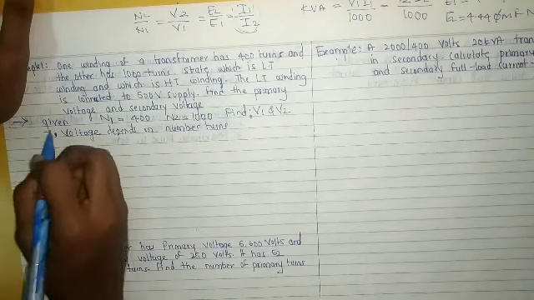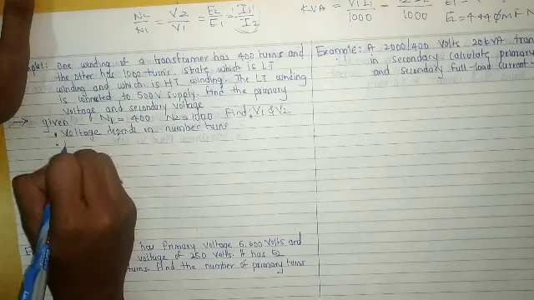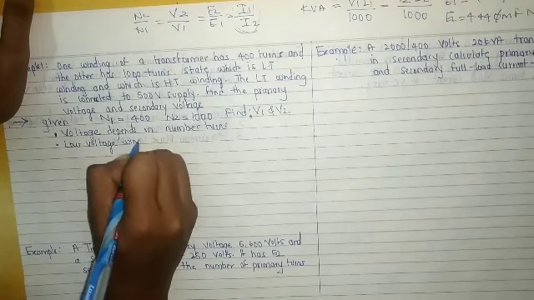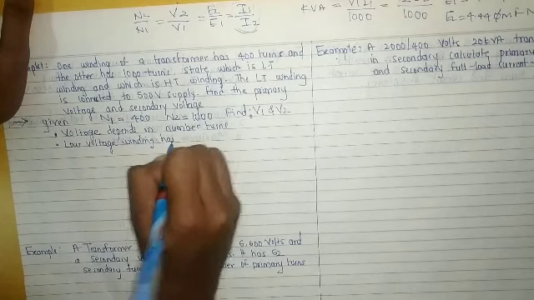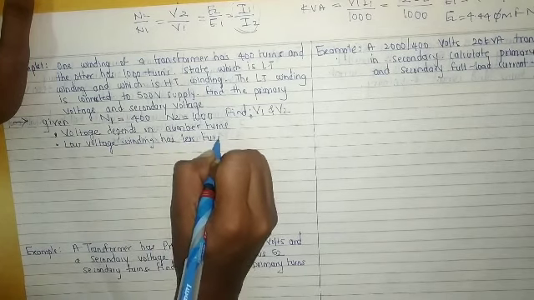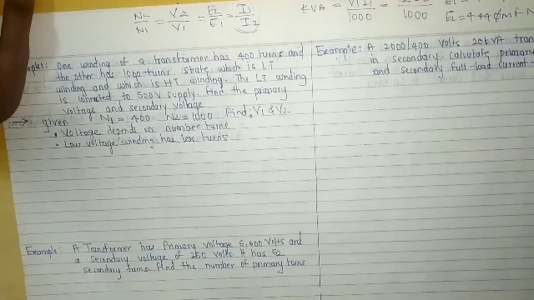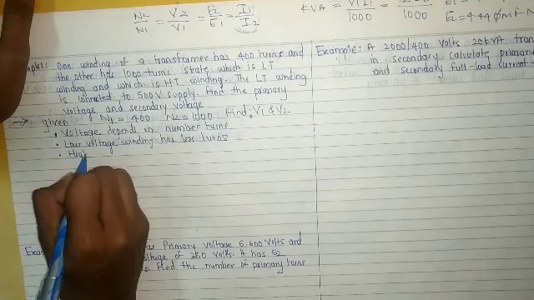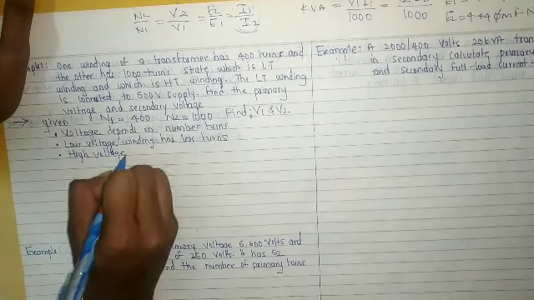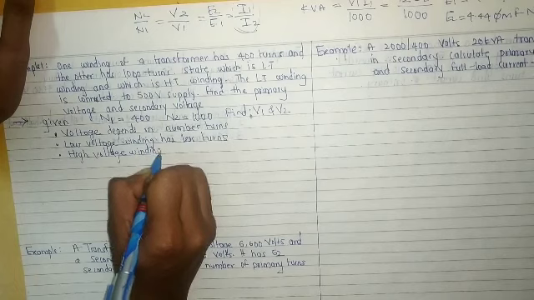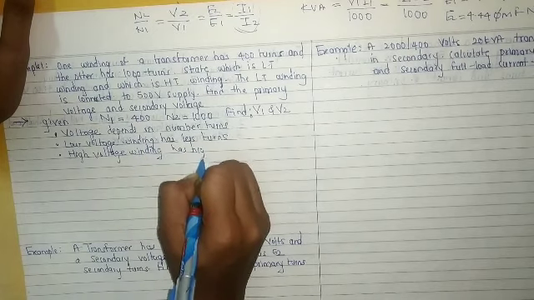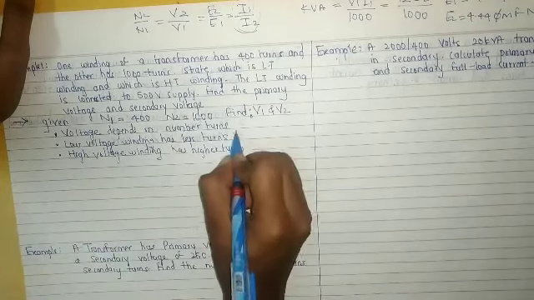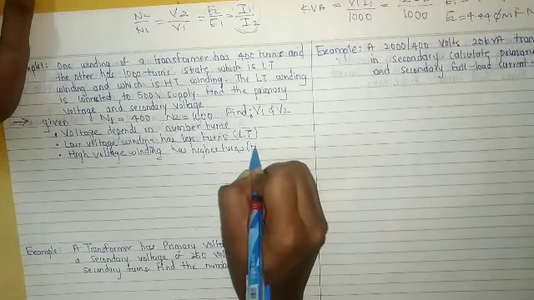Now low voltage winding has fewer turns. And more number of turns, that will be high voltage winding. High voltage winding has higher turns. Now from here, low voltage winding means LT, and high voltage winding means HT.